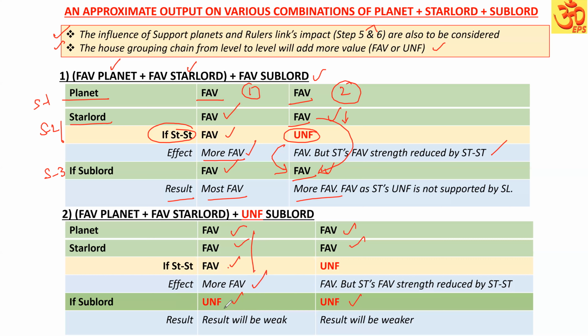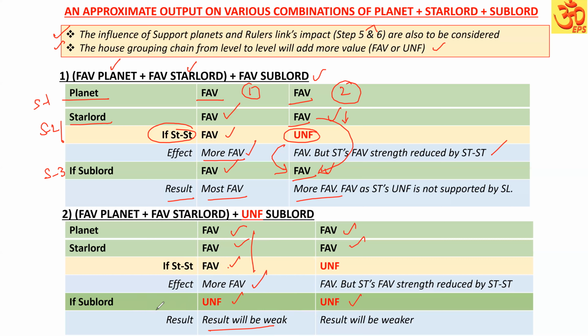But when the Sublord is unfavorable, the result will be weak because the result giving planet is weak. It is unfavorable to the grouping of houses. Now, if the Star Lord of the Star Lord or the Sublord is also unfavorable, the result will be weaker. You understand, no?